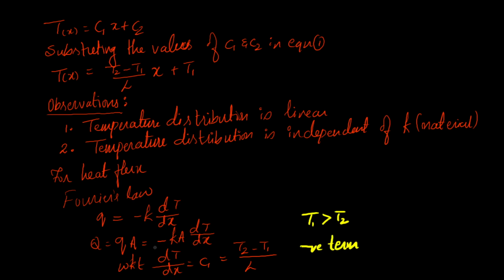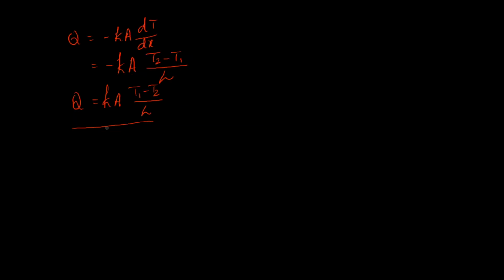That's why we have added minus sign here, so that we will get a positive value for heat transfer rate when we substitute the values. So this is the equation for heat transfer rate, and the temperature distribution at any point is given by T2 minus T1 divided by L into x plus T1. So these two equations you have to remember for calculation.